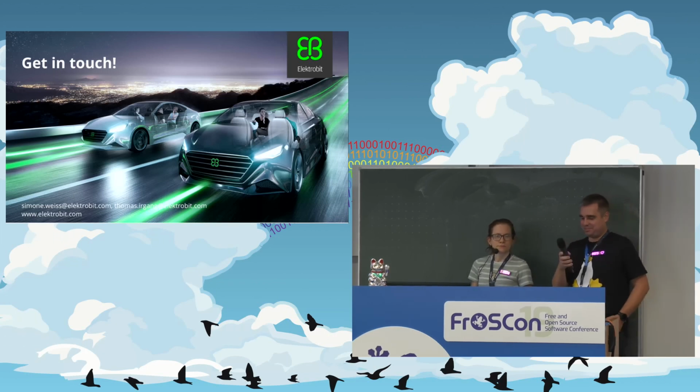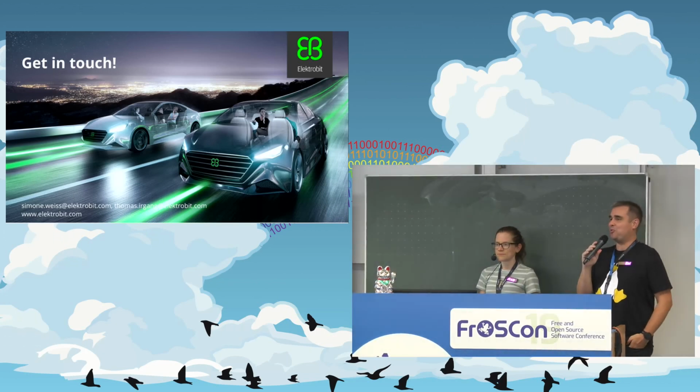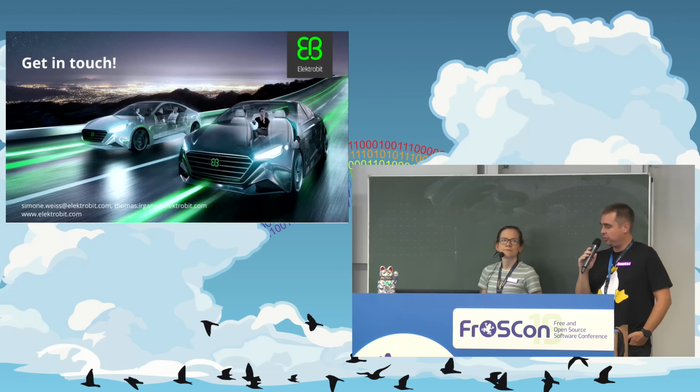Yeah, it's missing because we ran a little bit out of time. We have done this research, but we have not fully completed it. We don't have a recommendation for our automotive embedded Linux what to use.